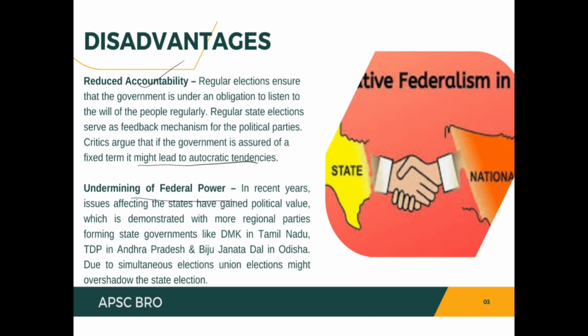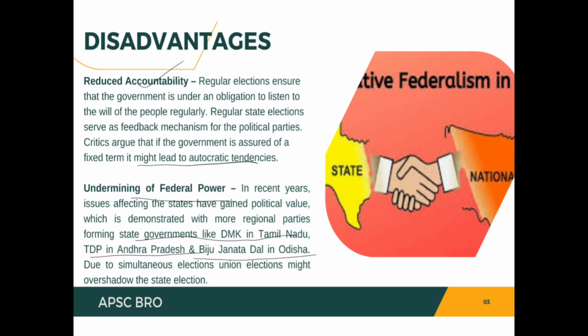This is demonstrated with the regional parties. See, state parties like DMK in Tamil Nadu, TDP in Andhra Pradesh, Biju Janata Dal in Orissa are gaining importance because elections are held at different times. But if these elections were held at one single time, these regional parties would not have got that much importance.